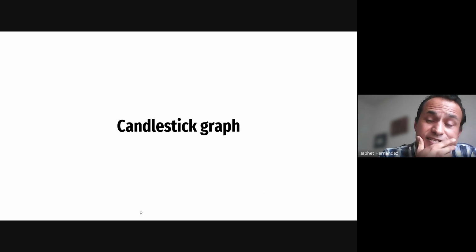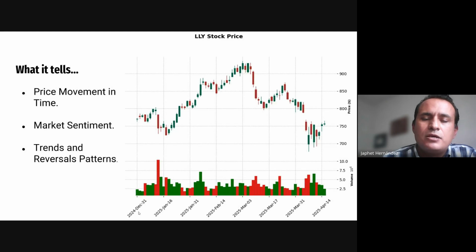Now what comes next is actually a very robust tool, the candlestick graph. So what does a candlestick graph tell? If you see, it resembles a box plot, but it is not precisely a box plot. At each day of the series, the candlestick shows all the prices accumulated in the record.